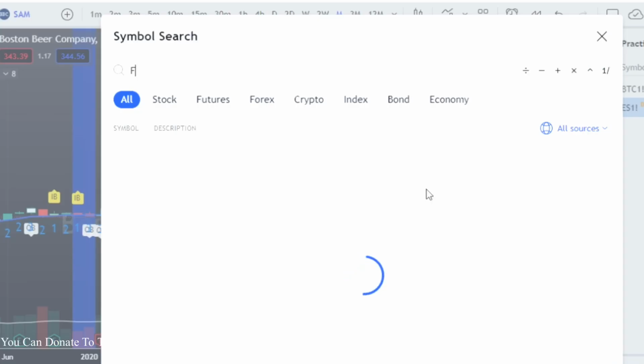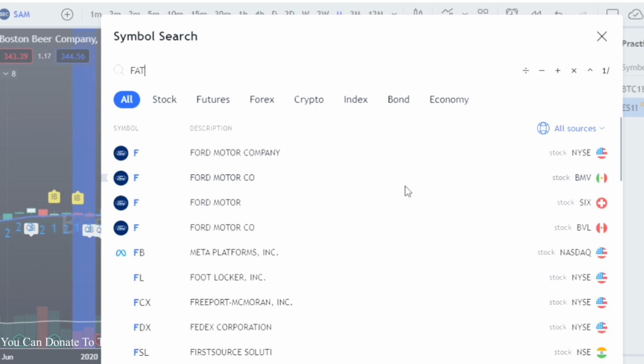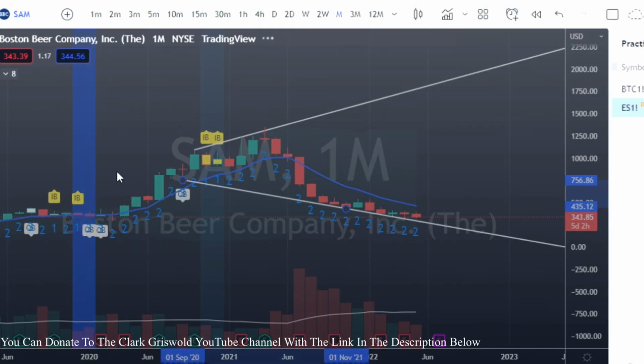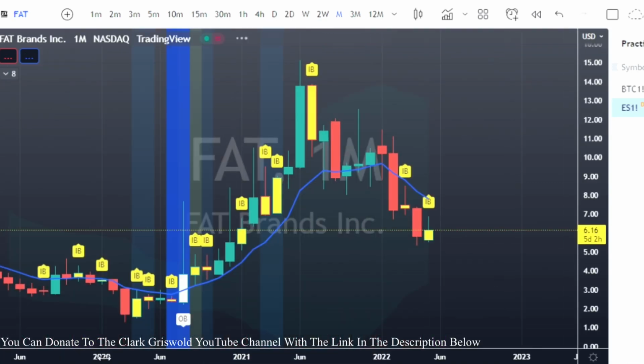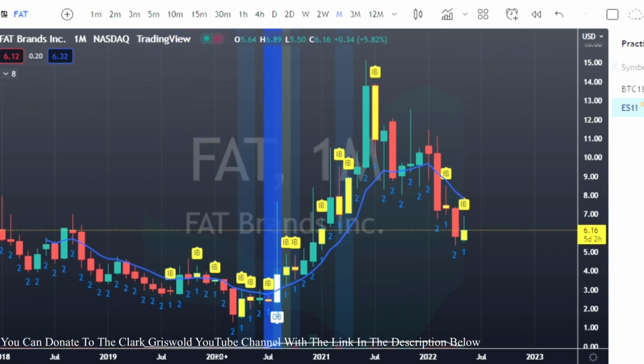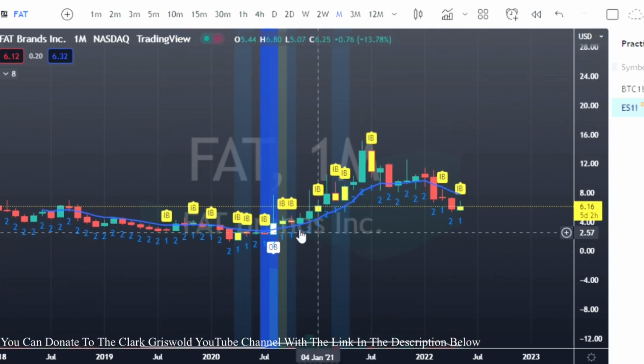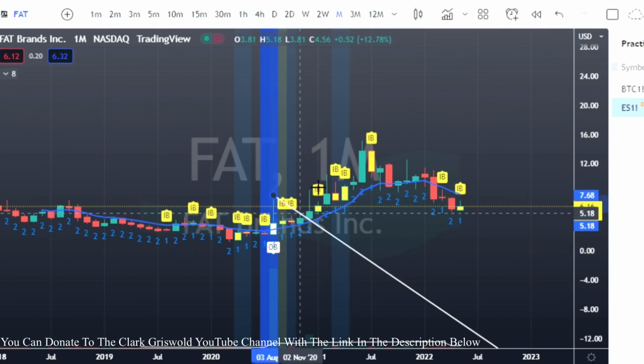What happens if I do fat? Is there a ticker symbol fat? There you go. Fat Brands on the NASDAQ. On the monthly chart. Man, these guys all had really big runs. Okay, let's go from back here. Higher high to a higher high.